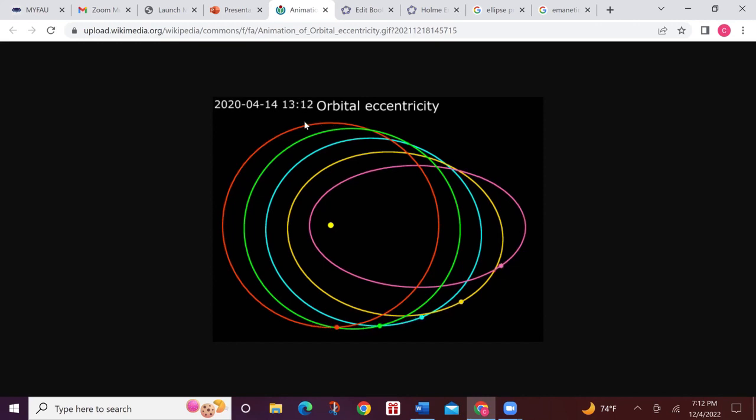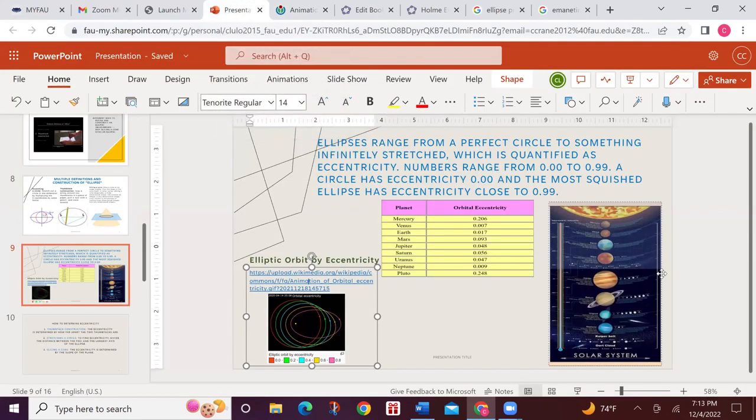So you can see here there's a big difference between the shape of the red circle and the shape of the pink circle. And the reason why is because of their eccentricities. Now, let's go back to the presentation.